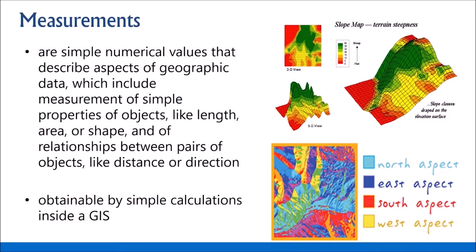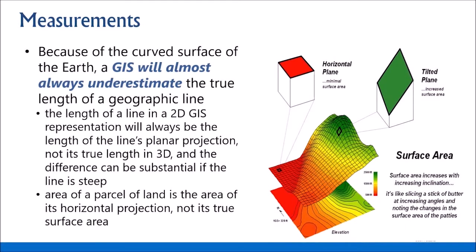Now measurements. You can measure certain properties of objects like length, area, or volume automatically using a GIS. However, just a precaution, because of the curved surface of the Earth, a GIS will almost always underestimate the true length of a geographic line.